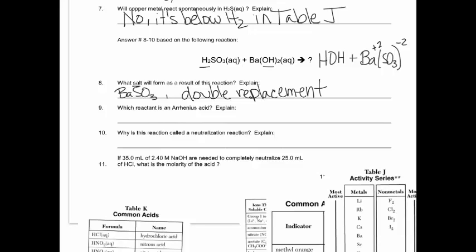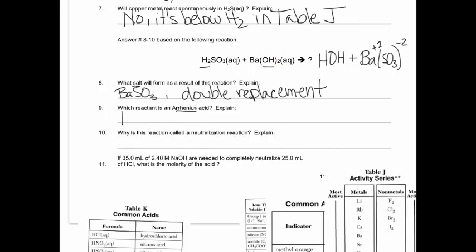Next question, which reactant is an Arrhenius acid? If you recall, Arrhenius acids make H pluses in solution, and pretty much any acid is going to be an Arrhenius acid. So you're going to pick the acid from your two reactants. This is the acid, usually starts with an H plus, and then this is our base, usually has an OH in it.